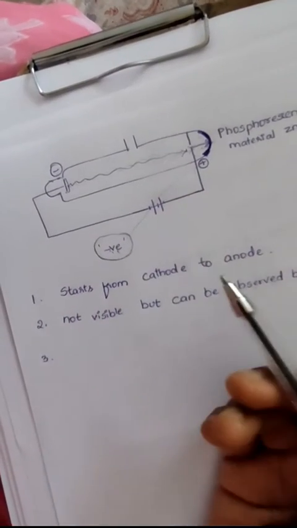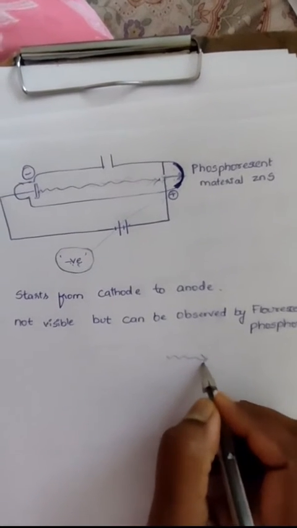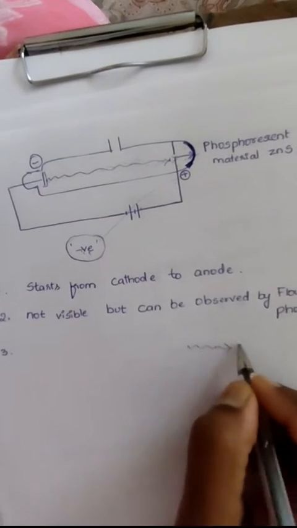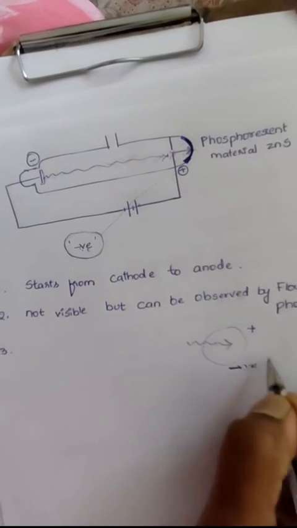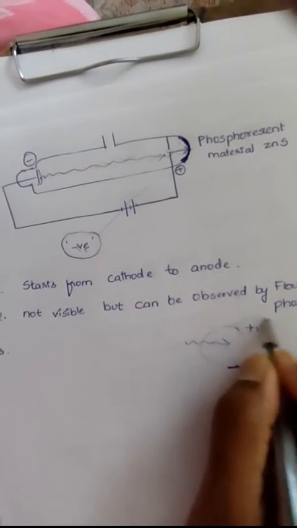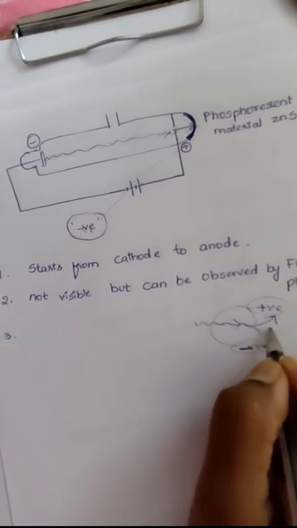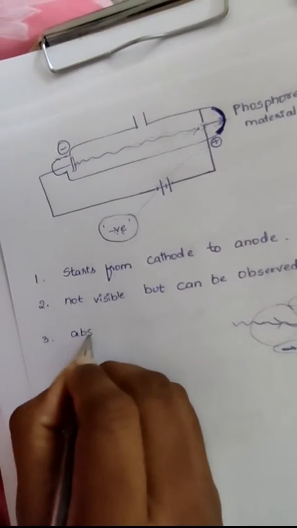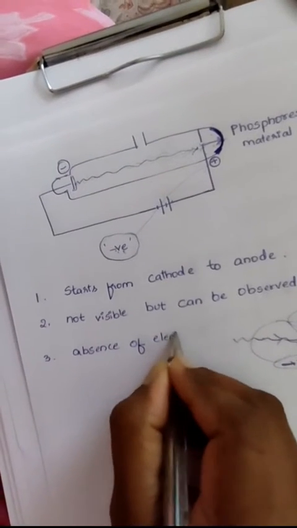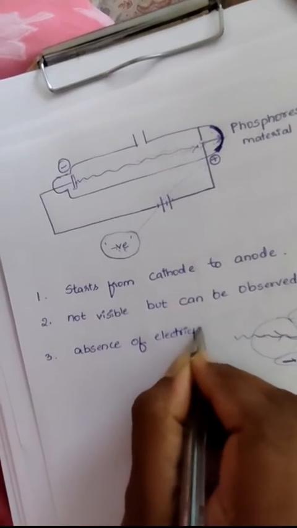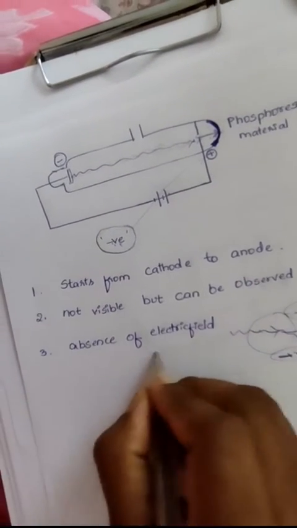That is, the emitted cathode rays, when kept in an electric field between the positive and negative electrode, get deviated. But in the absence of an electric field, they travel in straight lines.